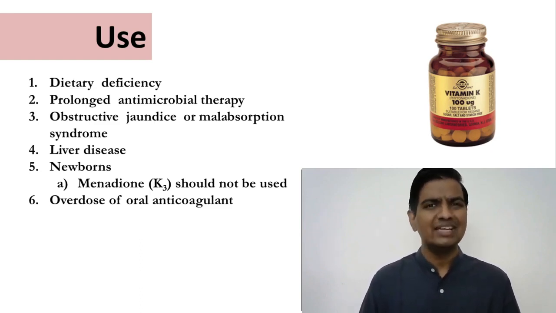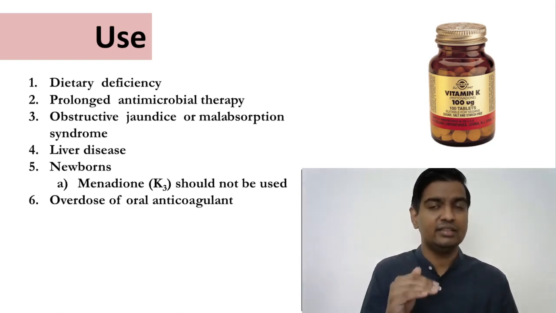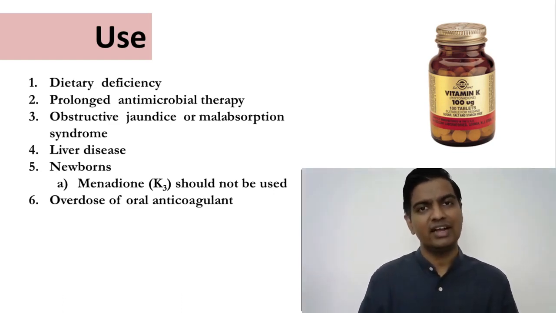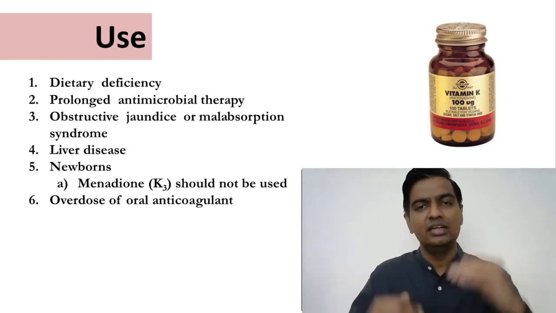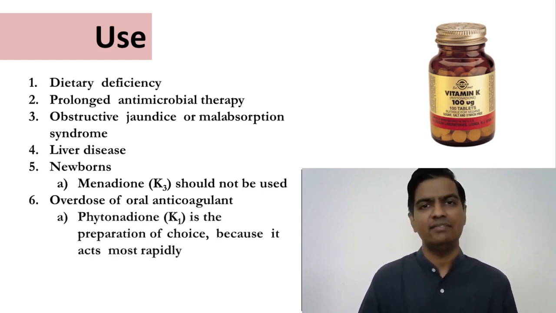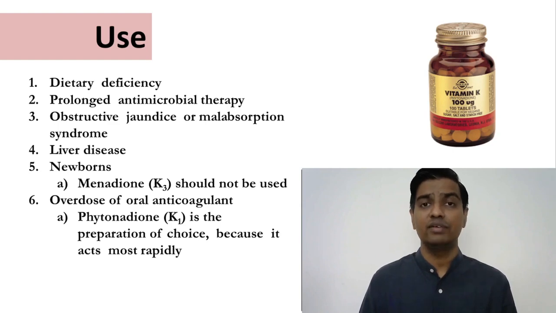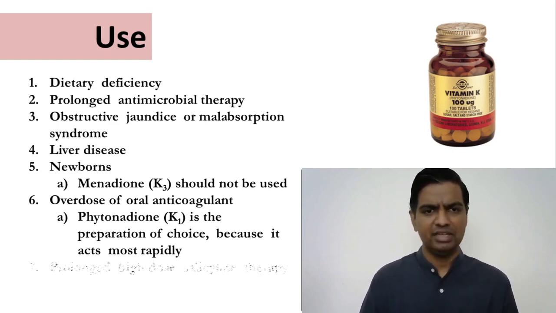Also, if oral anticoagulants are taken in excess, the oral anticoagulants will decrease the level of clotting factor. You can add vitamin K, it will increase the level of clotting factor, removing the toxicity of oral anticoagulants. Simple. These are 6 important reasons why we give vitamin K. Now for the last one, we prefer K1 because it's the fastest acting.